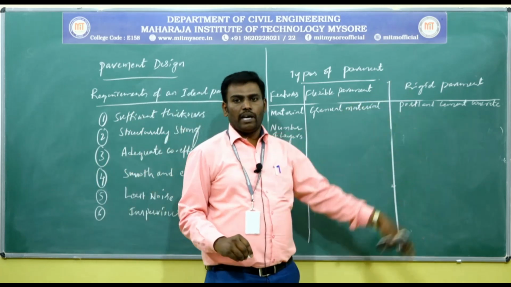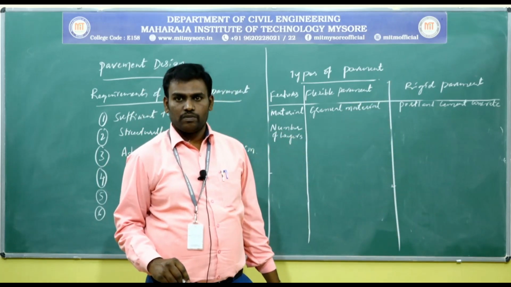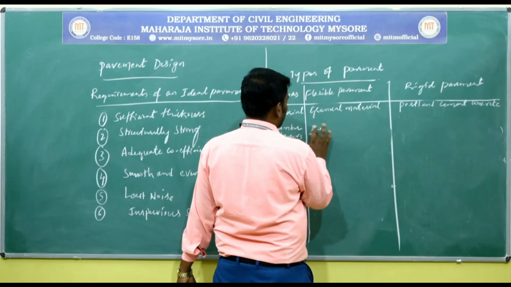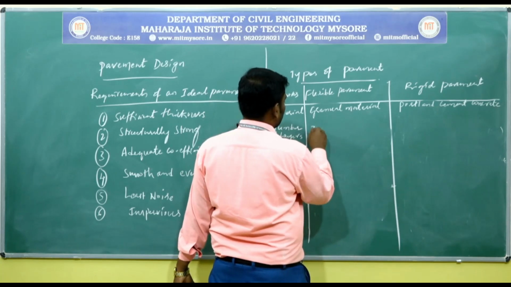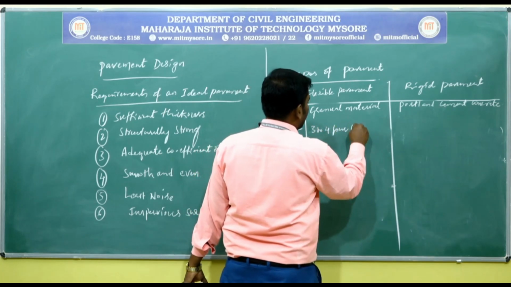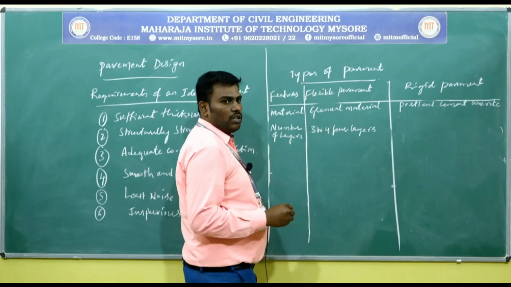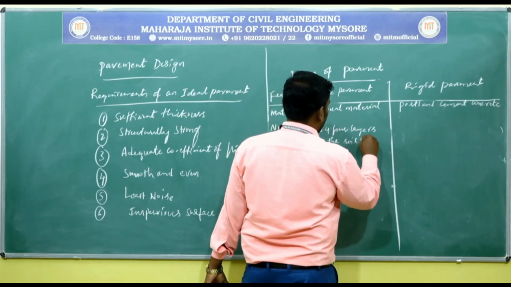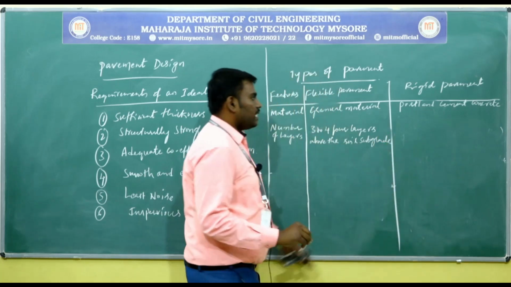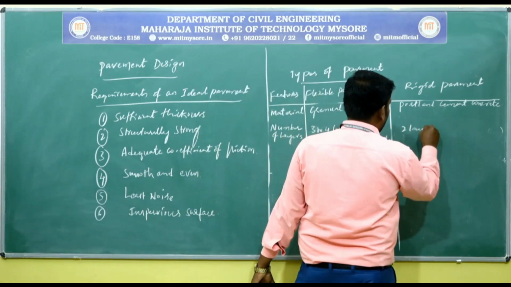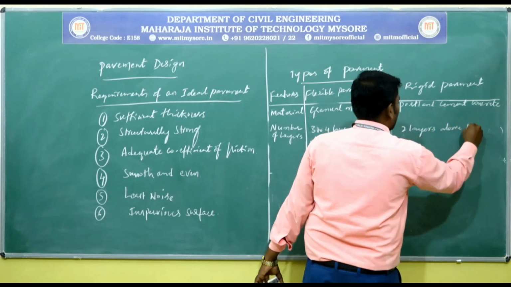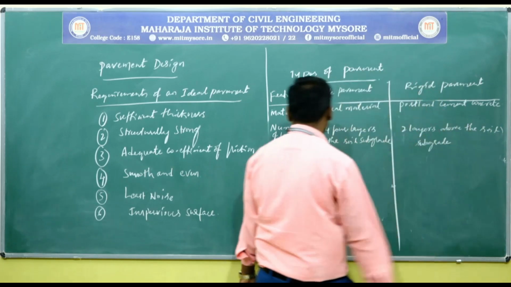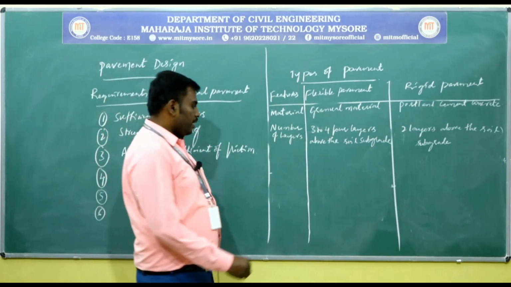Whereas in rigid pavement, above the subgrade there will be only 2 layers. Is it clear?